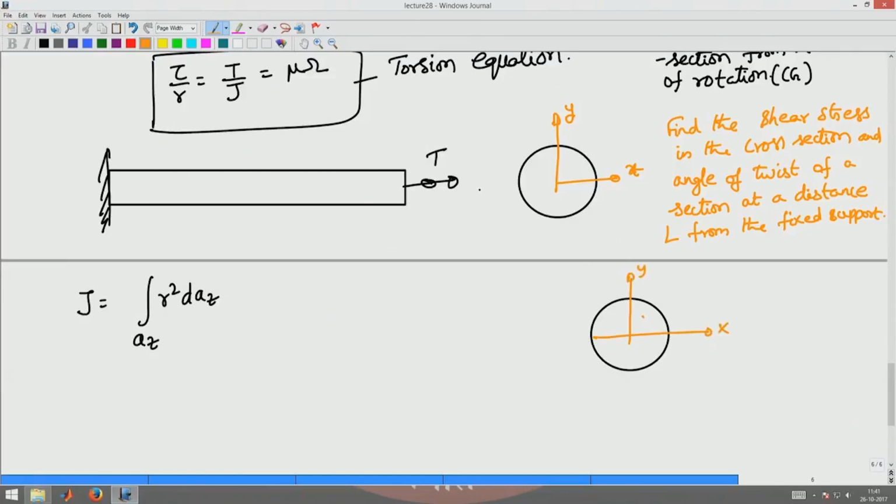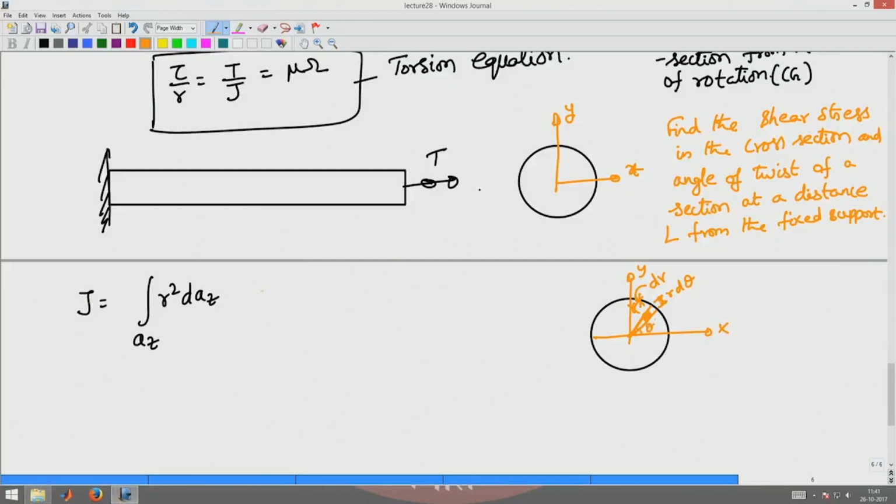So basically in xy, I have an area. This area is given by, this length is dr and this length is r d theta, where theta is measured from here to there.